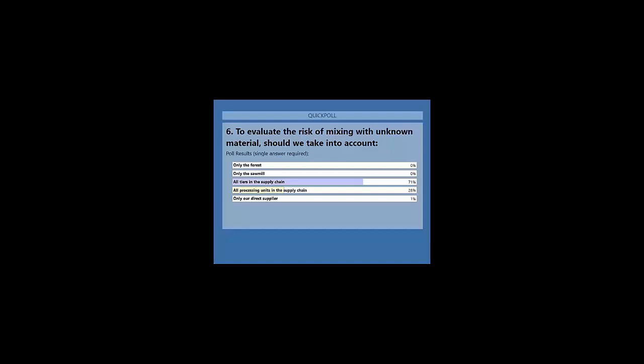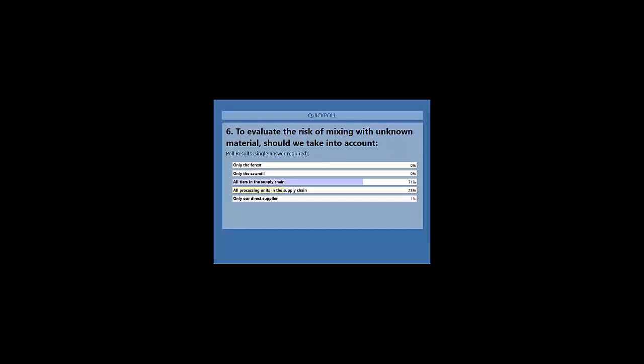And we have a really high amount of all tiers in the supply chain. And 28% of participants think that all processing units in the supply chain can be taken into account.